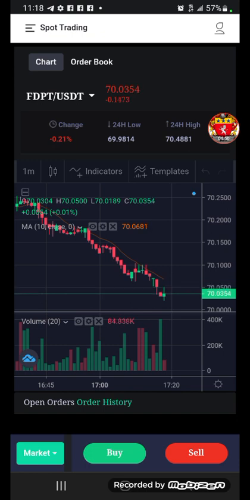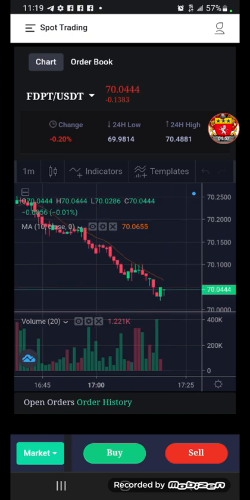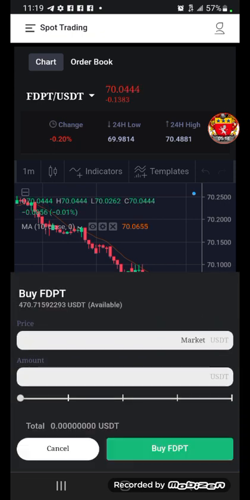70.02 it hit. The 24-hour low is 69.98. Yeah, I think I'm just going to go ahead and buy it. 70.04, 02, 03.